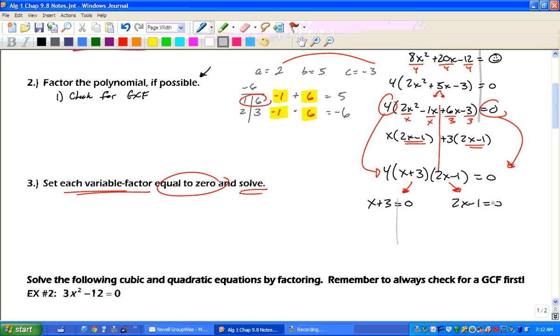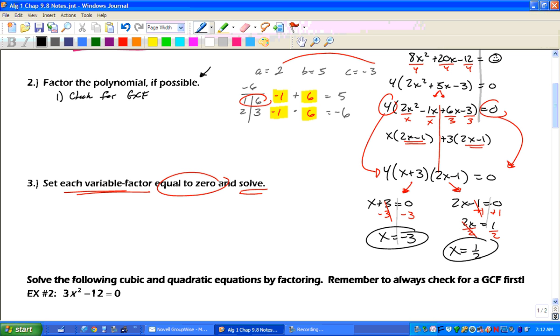Some of these you might be able to do in your head. We just want to get the x by itself. So we get x equals negative 3. And then over here, there's just a little more work. We have to add 1 to both sides. Get 2x equals 1. Divide by 2. And you get x equals 1/2.